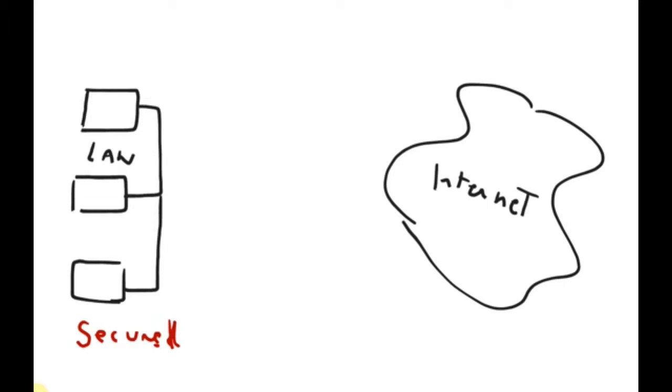So for that purpose, we would need a kind of software or hardware that sits between our LAN and our internet. LAN in this case is the internal network, and internet is the external network.